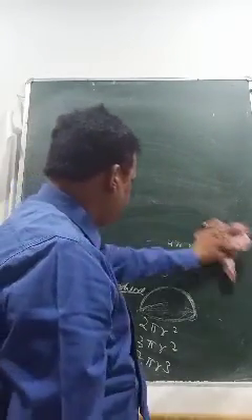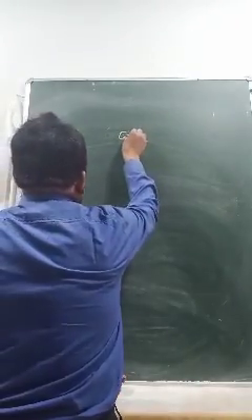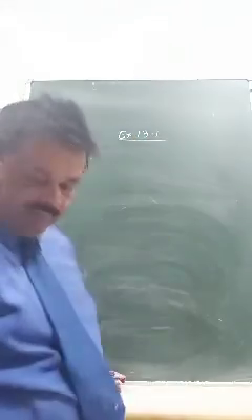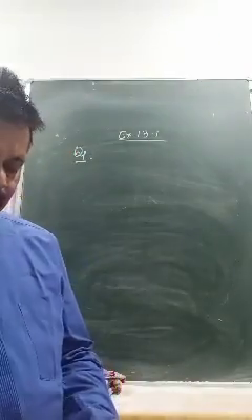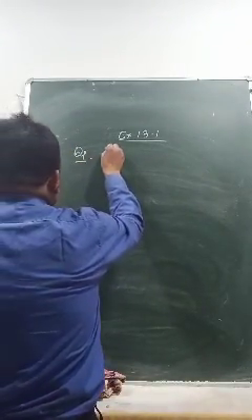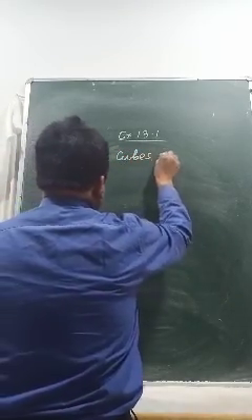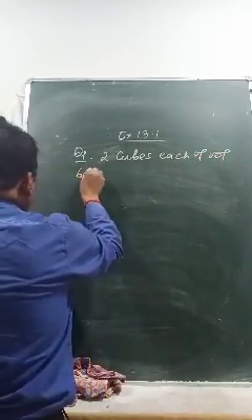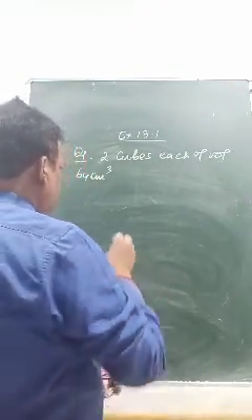We'll go to exercise 13.1, question number 1. Okay, read that. What you find is: 2 cubes, each of volume 64 centimeter cube, are joined end to end.